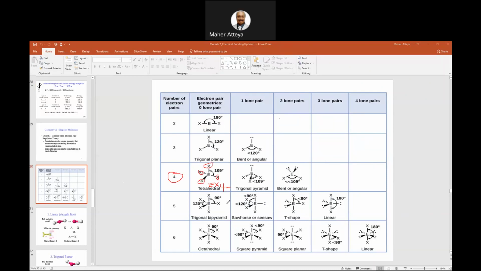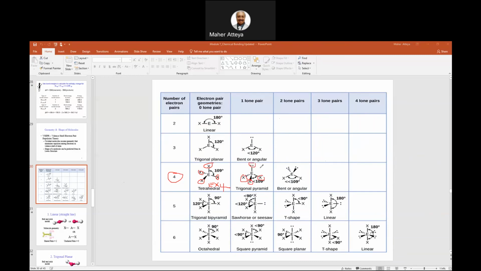EX4 without lone pair, the molecular shape is tetrahedral. Tetrahedral. Now, if I start introducing a lone pair, I'll have 3 of them here. I'll replace one of the terminals with one lone pair, 3 of them here, and one lone pair here, guys.